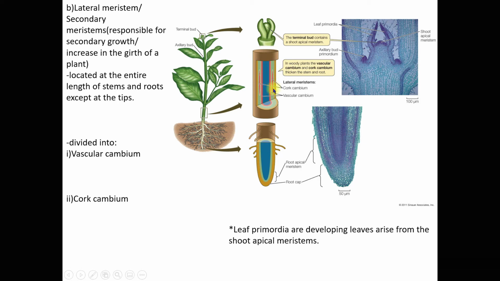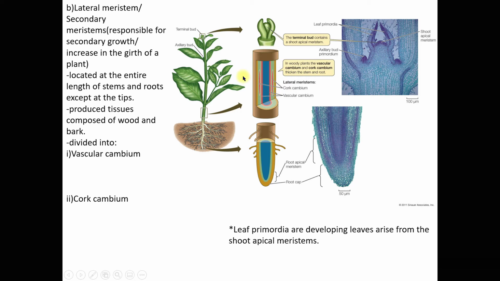Boleh nampak yang ini? So this lateral meristem will cause the secondary growth in plants. The secondary meristem, or lateral meristem, produces tissues composed of wood and bark.